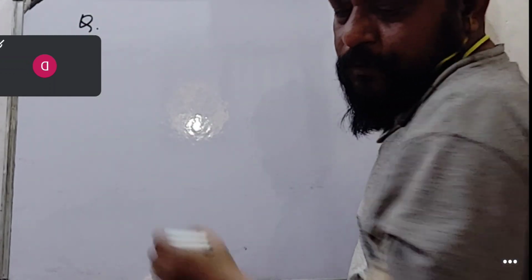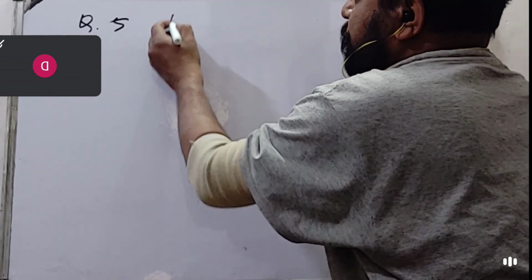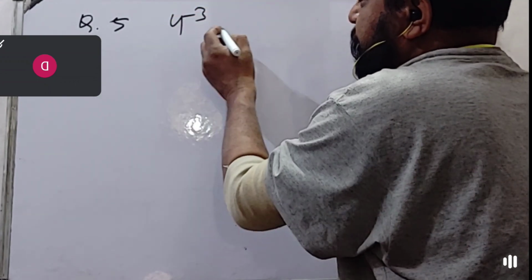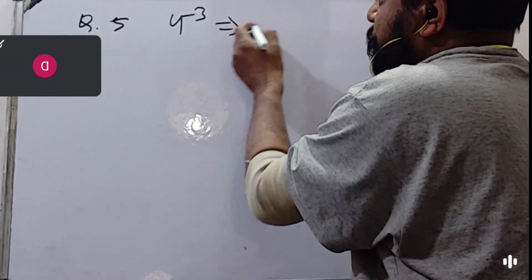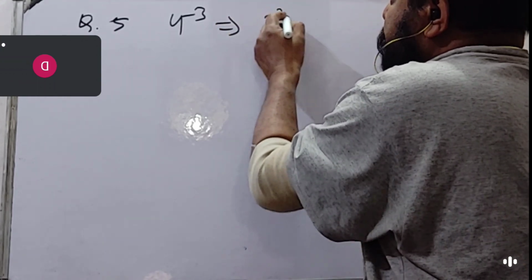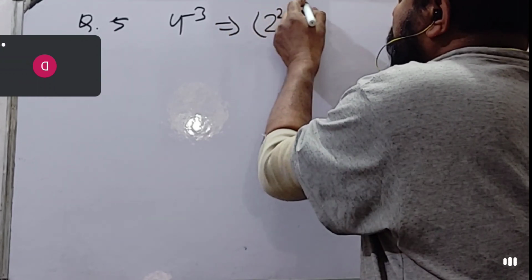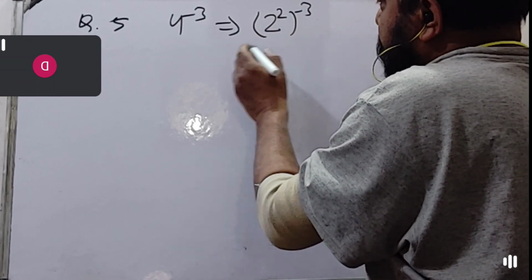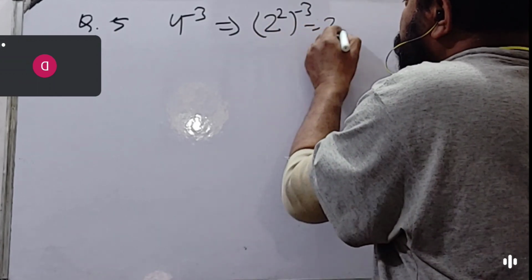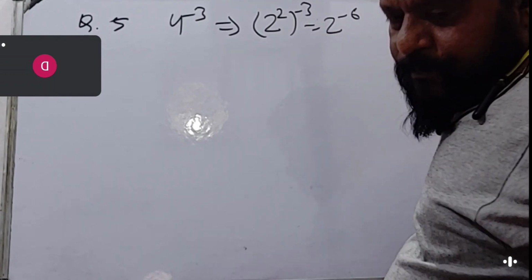That is 4 raised to the power minus 3 in exponential form. 2 raised to the power 2 whole raised to the power minus 3. So it becomes 2 raised to the power minus 6.